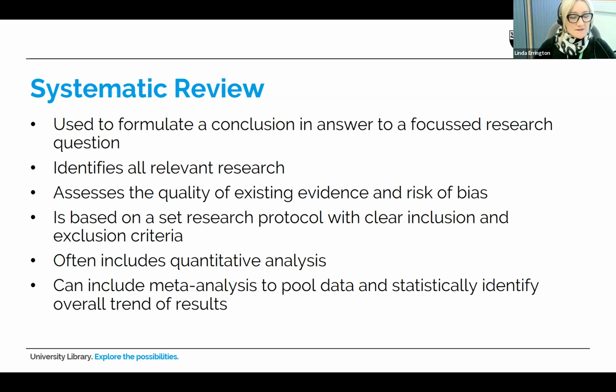So depending upon the results that you find and the data that is within each of these individual studies that you would include in the review, a meta-analysis can sometimes be used to pool data and statistically identify overall trends of results. Now, in order to do so, that data must be sufficiently homogeneous in order to be comparable.